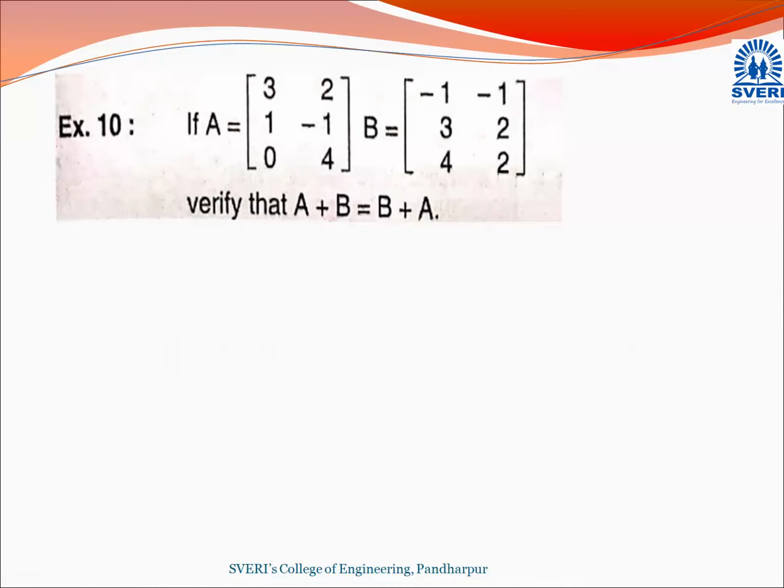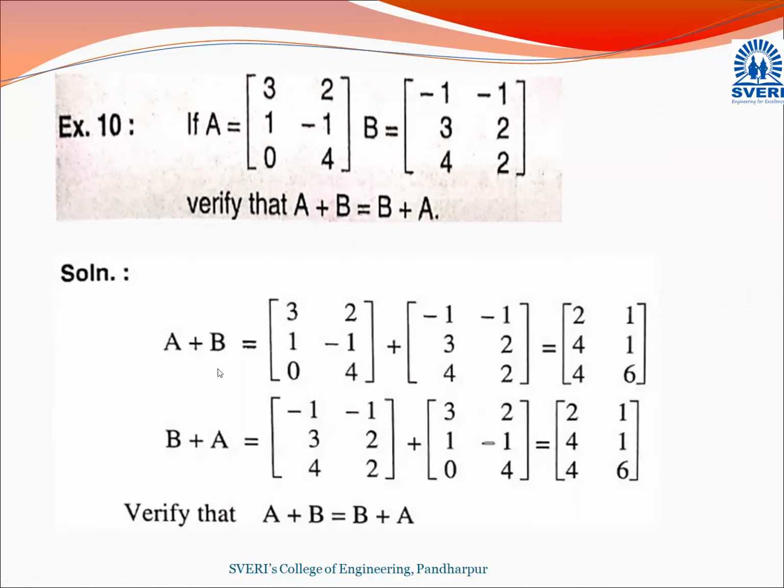Next one, we have to verify that A plus B is equal to B plus A. Matrices A and B are given here. A is equal to 3, 2, 1, minus 1, 0, 4. B is equal to minus 1, minus 1, 3, 2, 4, 2. So taking first A plus B: 3 minus 1, 2, 2 minus 1, 1, 1 plus 3, 4, minus 1 plus 2, 1, 0 plus 4, 4, 4 plus 2, 6.